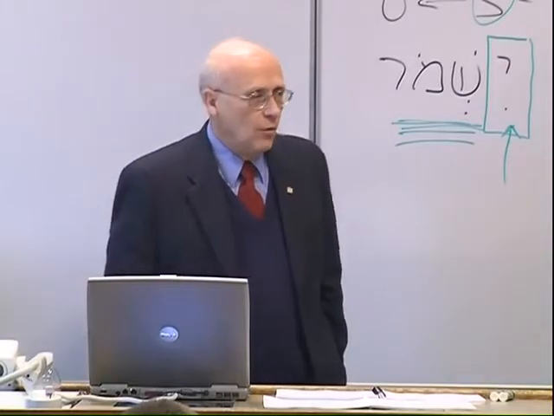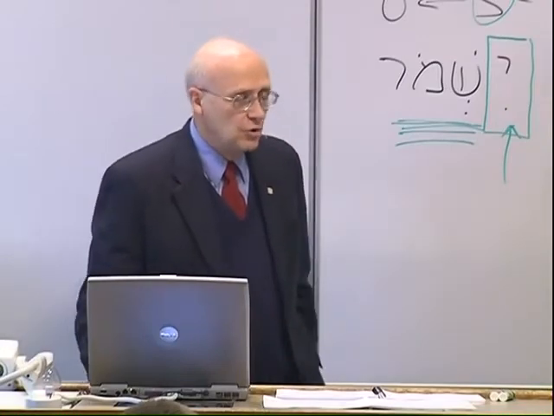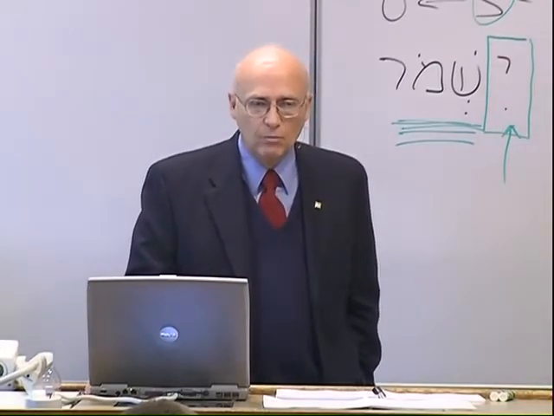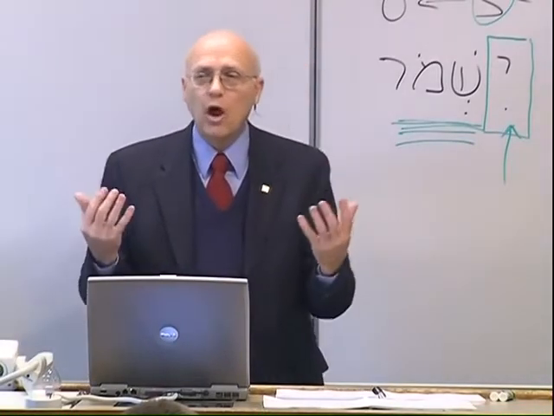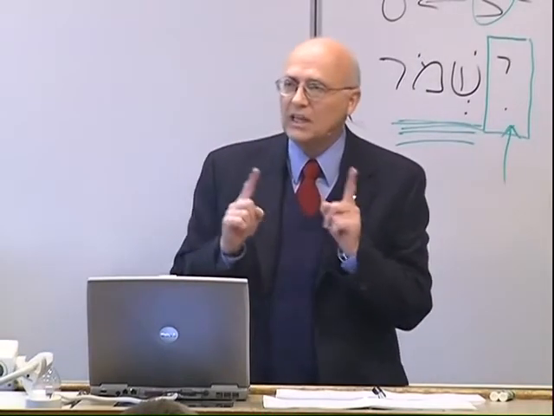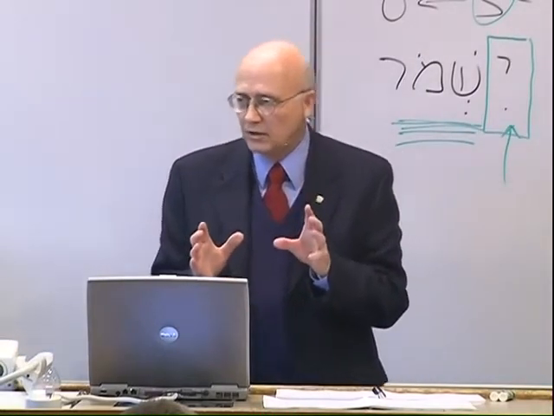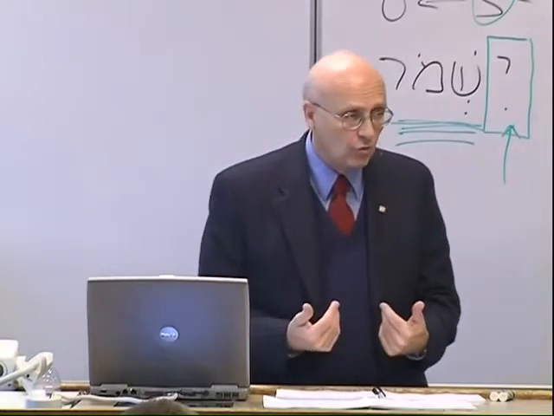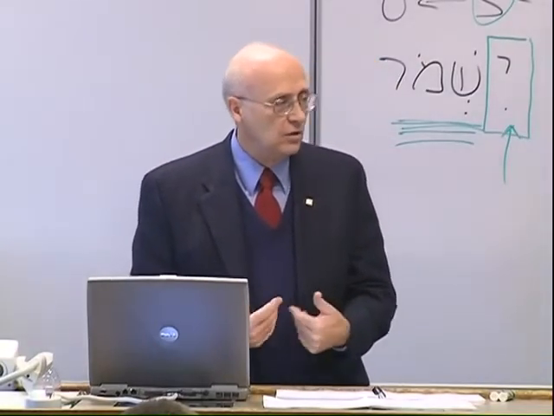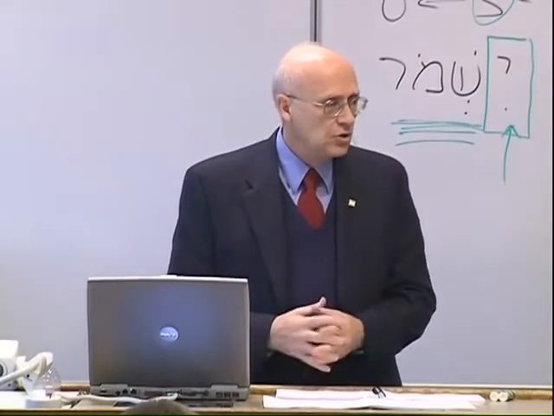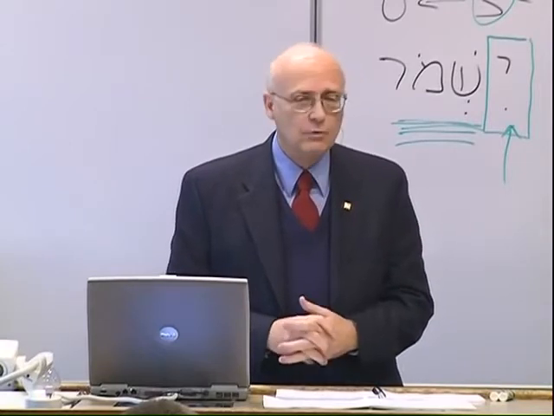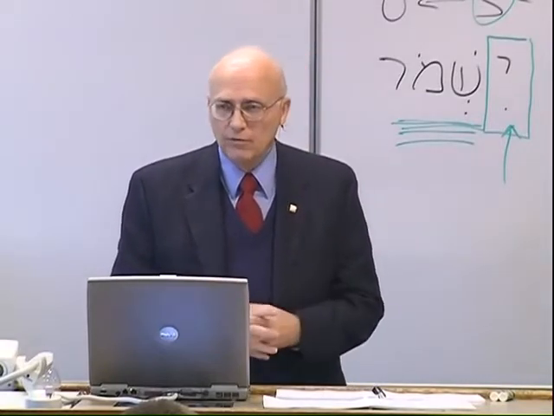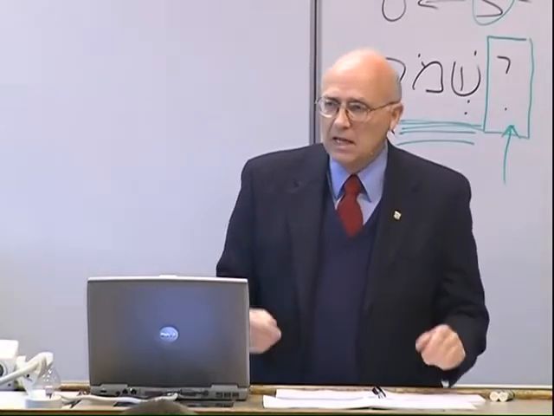Now, let's talk about the forms of the verb. First of all, using shamer as the example, remember in Hebrew we have a triliteral root, meaning three letters. The roots are normally three letters. There are quadriliteral roots, four-letter roots, that exist. There are even five-letter roots. Most of those are borrowed from other languages, like Persian, for example, or Aramaic.